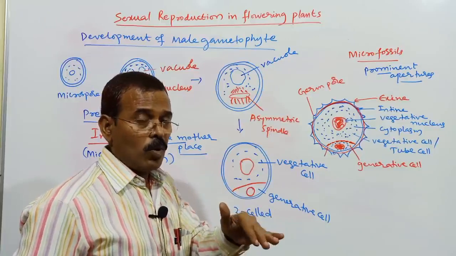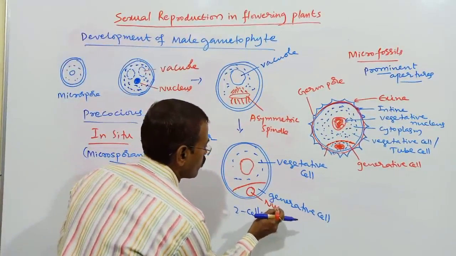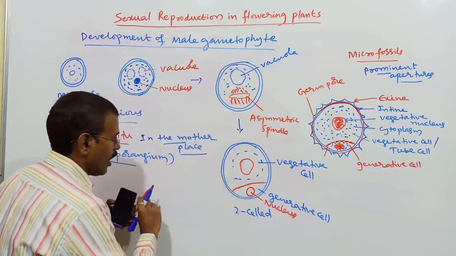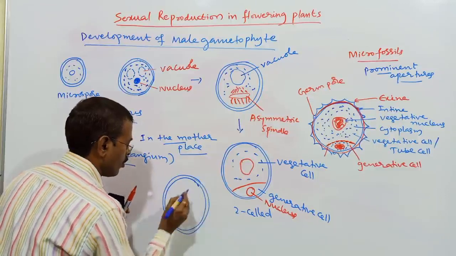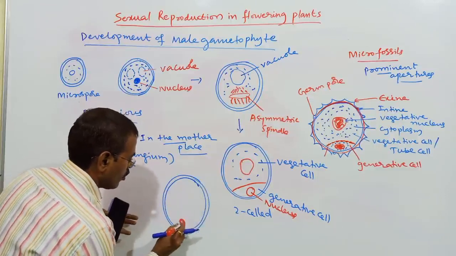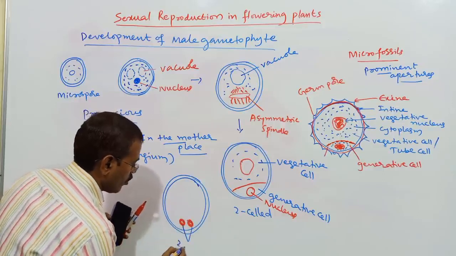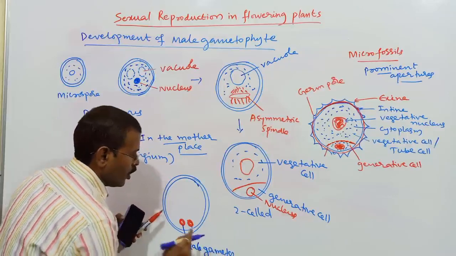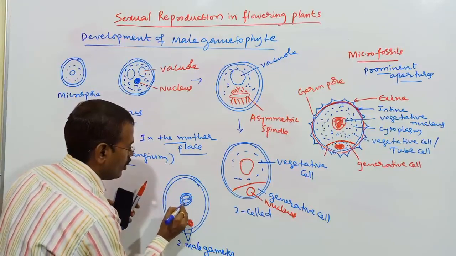Then further, this generative nucleus, the nucleus of the generative cell, divides into two male gametes, and here you have the vegetative nucleus.